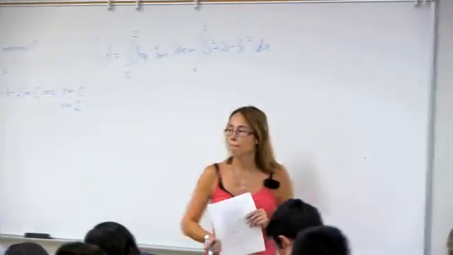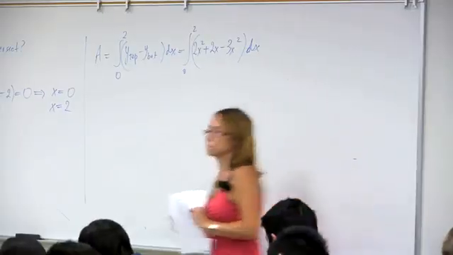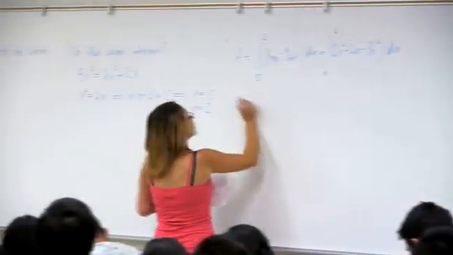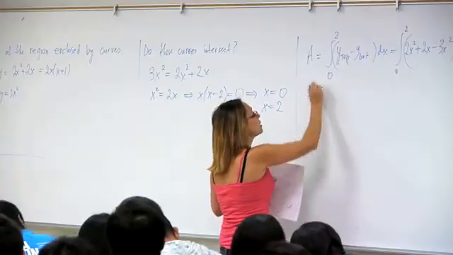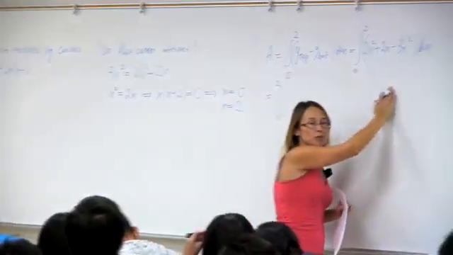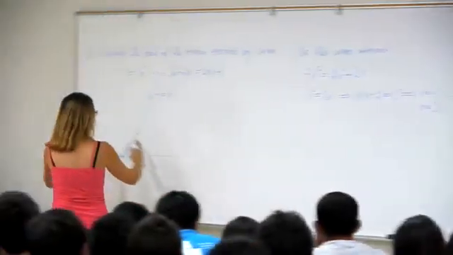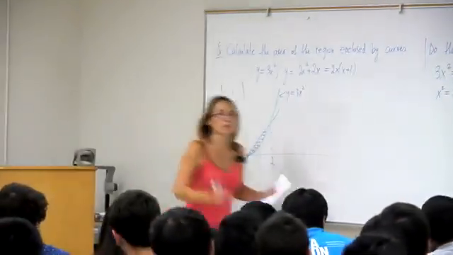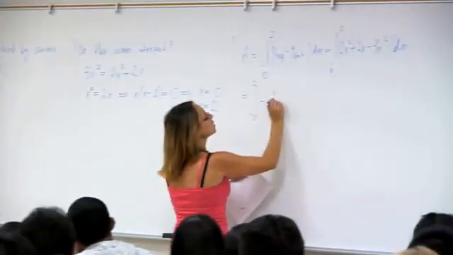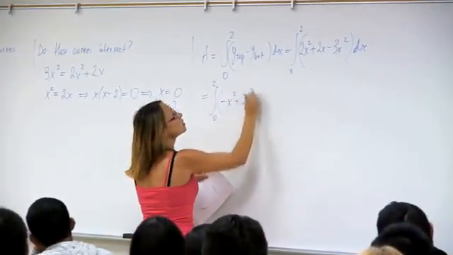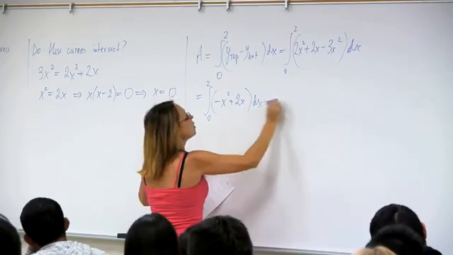Questions so far? Okay. From here onwards, it's very easy. The main step here is to formulate the problem, right? The main step is to find the points of intersection, figure out the region of integration, and figure out which one is on top and which one is at the bottom. So now I have minus x squared plus 2x dx.